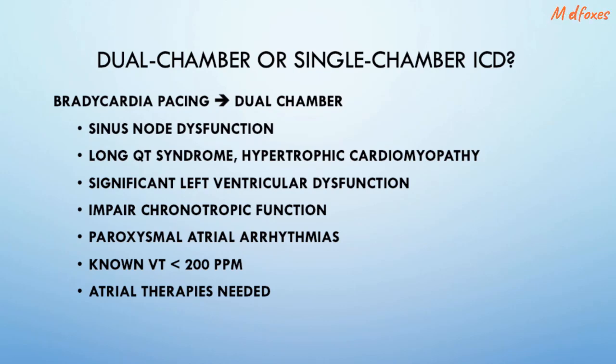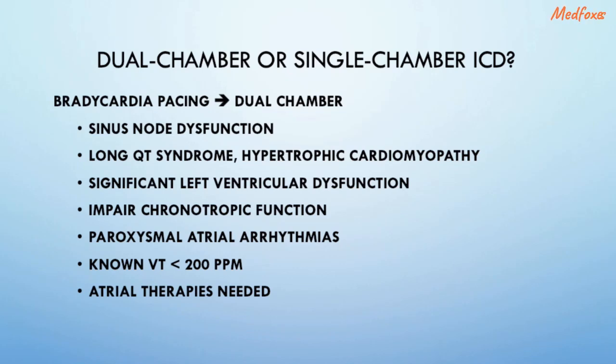Next, patients in whom medications that impair chronotropic function are required, and paroxysmal atrial arrhythmias, for improved specificity, that is, to differentiate supraventricular and ventricular arrhythmias, also a known ventricular tachycardia with a rate of less than 200 beats per minute, since in this zone dual chamber discrimination enhancements are particularly useful.